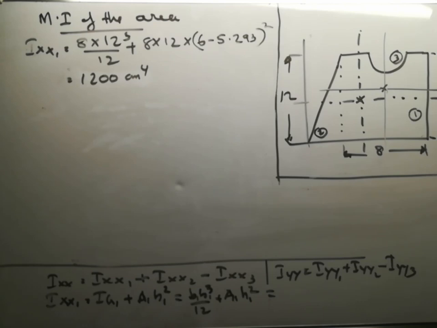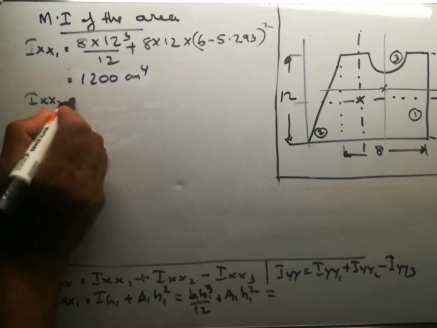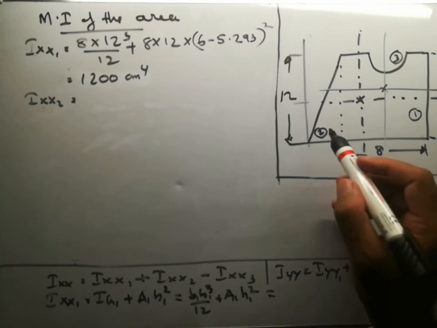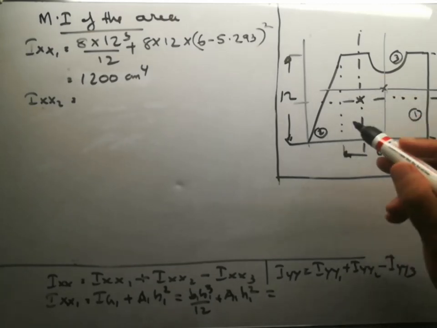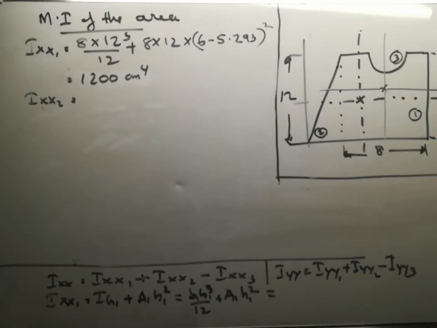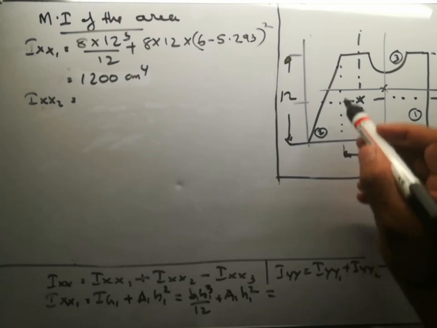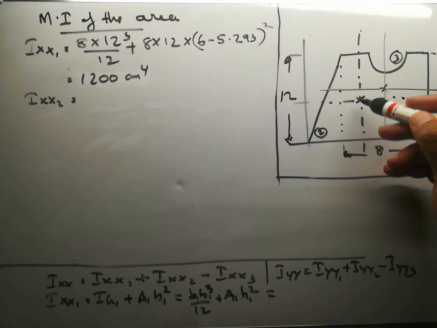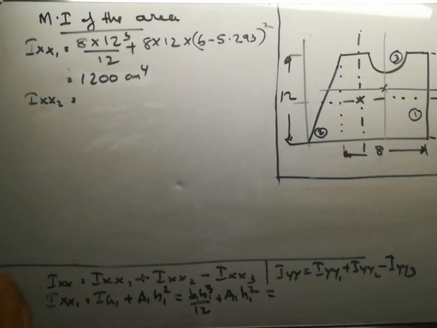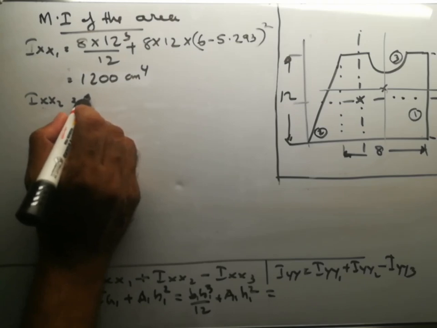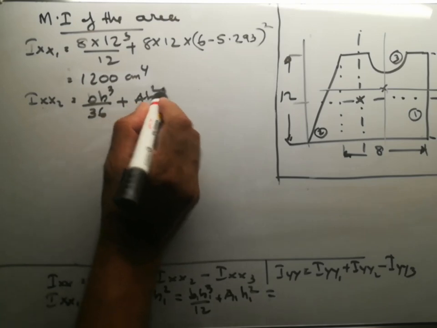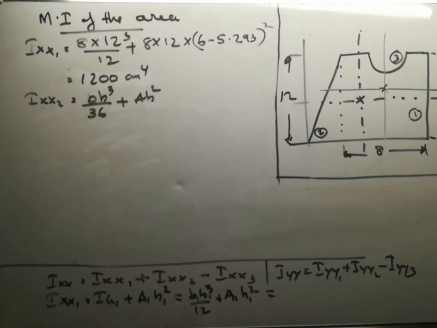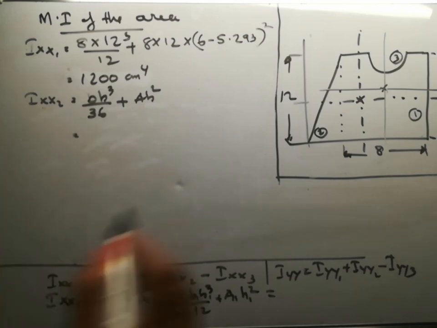Okay. Then what will be Ixx2? That means the moment of inertia of this triangle with respect to the centroidal axis. Its centroid is at this position, and this will be the distance and the area. So Ixx2 will be equal to B H cube by 36 plus A H2 square, where B is 4.